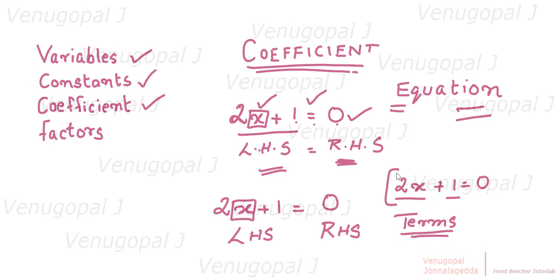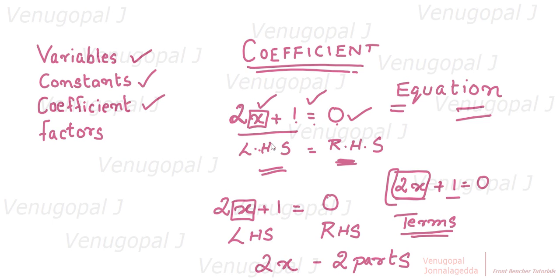And each term, I'll separate that term 2x, has two parts to it. What are those parts? I'll just tell you. Okay, so just to sum it up, 2x plus 1 is equal to 0 is an equation.